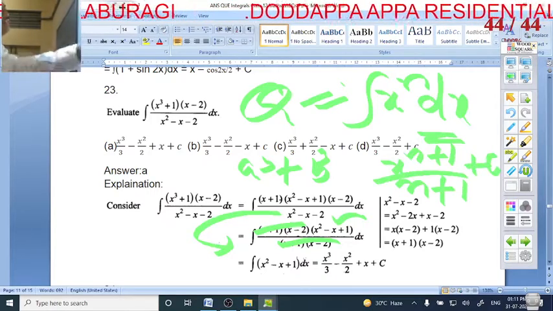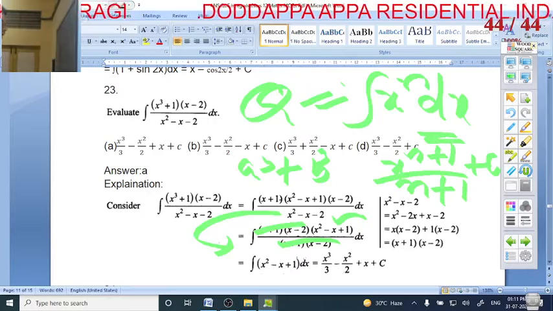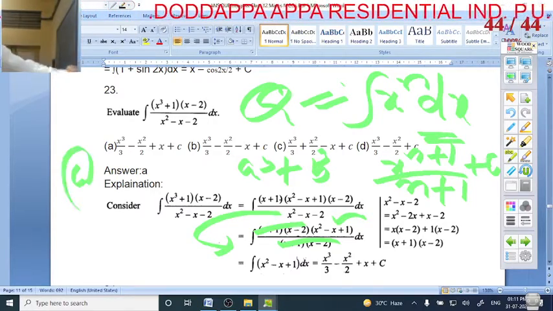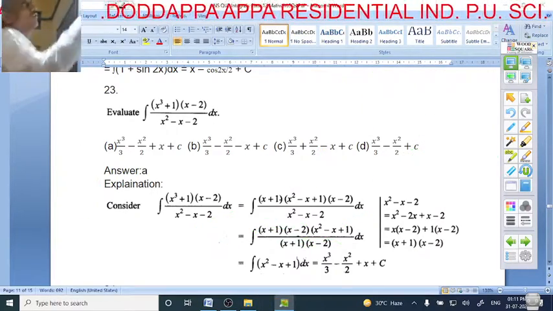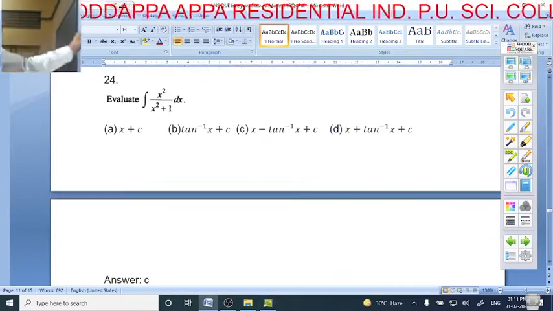This formula is very important. Integrating, we get answer A, the first option. 23rd is right.